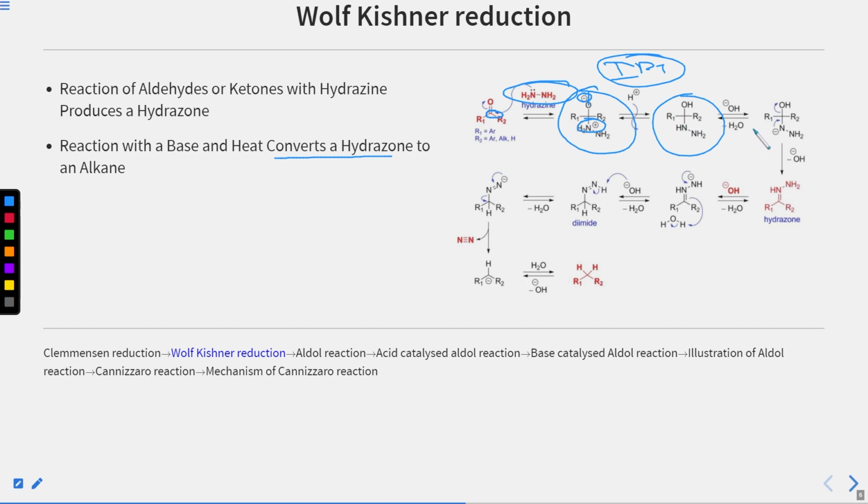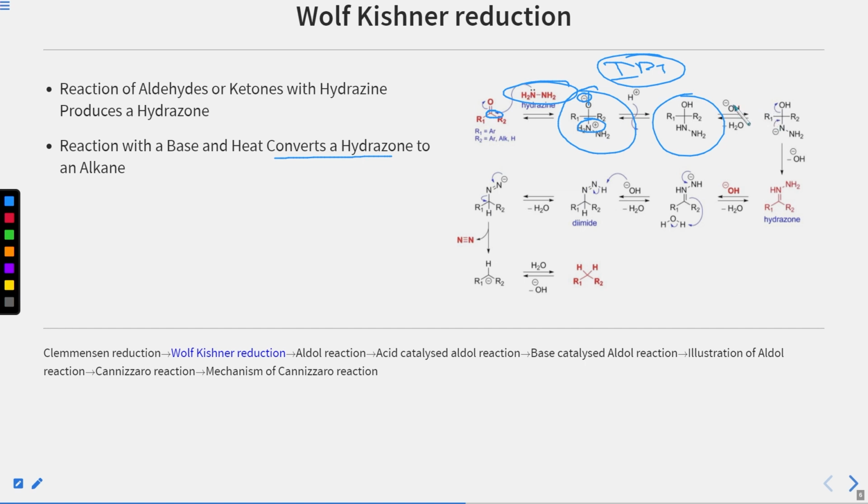Further what will happen? Since we have base also present in the solution, NH2NH2 and KOH are used. So that reaction medium is basic. If you see the reaction equation, you will see that above the arrow we have NH2NH2, that is hydrazine, and below we have KOH, that is acting as a base.